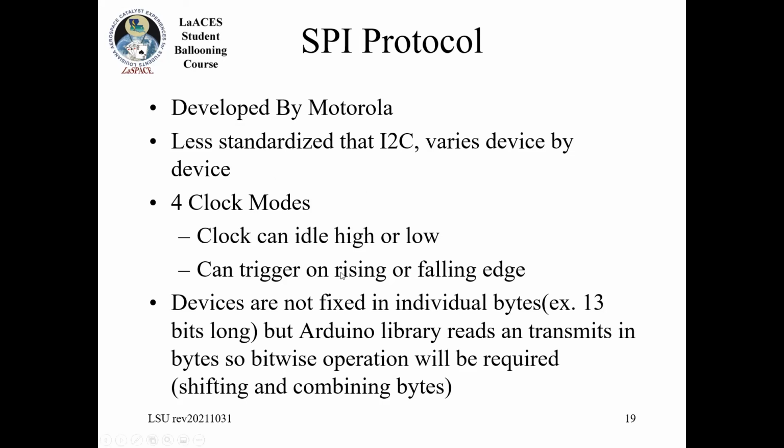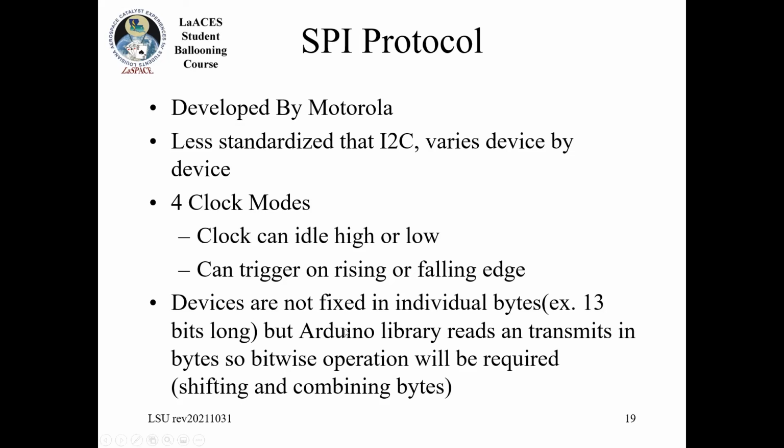The SPI protocol you can set up on either one of these. So if I combine these two modes, high or low, with these two modes, I get 4 total possible combinations. And the way to tell what you're going to need is you basically have to look at the data sheet of the device you're trying to talk to.